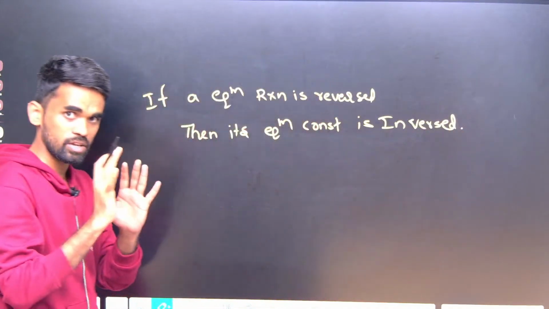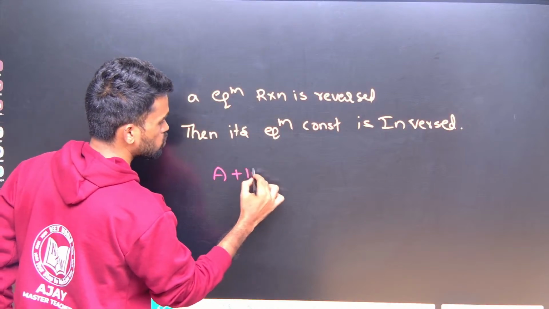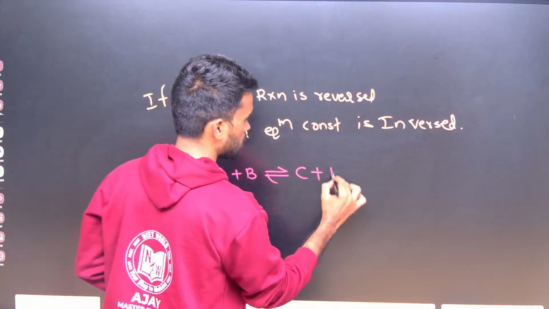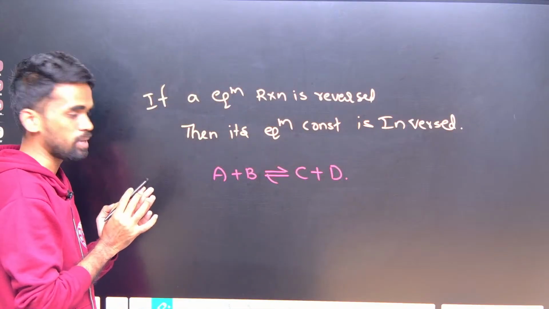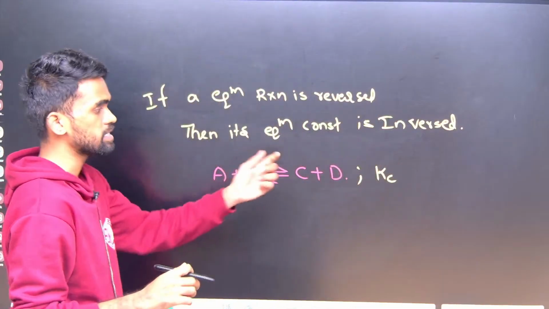Look at here, I will give you clarity on this. So for example, I have A plus B giving rise to C plus D, let us say. So this is how we have the equilibrium constant. For this I am saying Kc. Kc is the equilibrium constant.